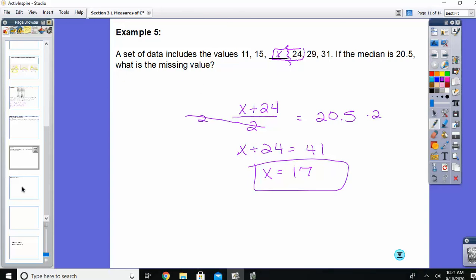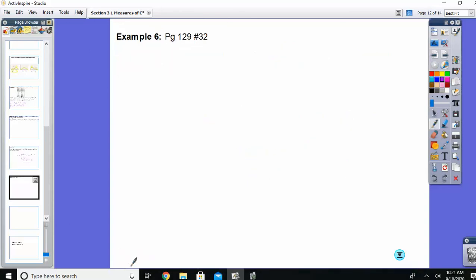I want to do a problem out of the book. So page 129, number 32. Okay, so this tells us Mr. Zuro finds the mean height of all 14 students in his class to be 68 inches.